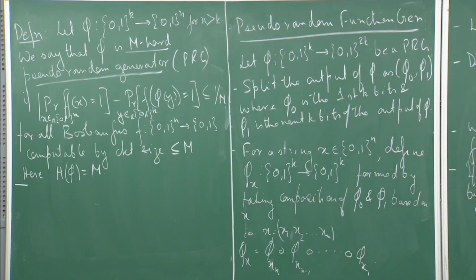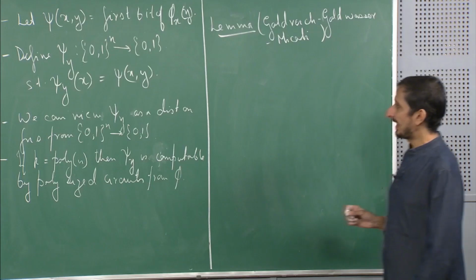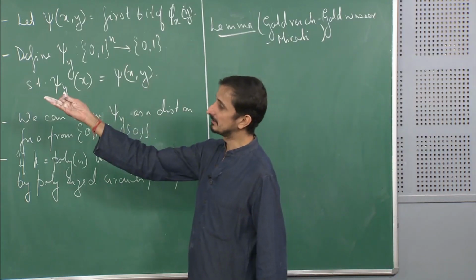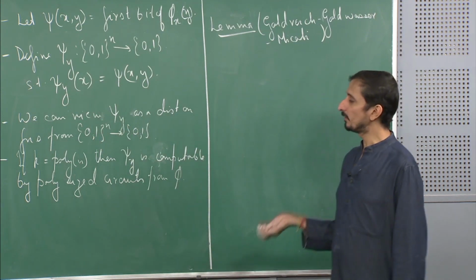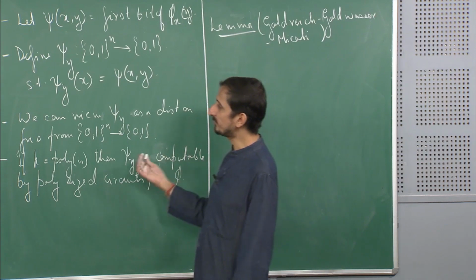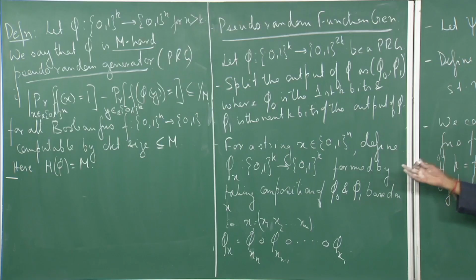Okay. So if one can distinguish between these two functions, and as that is hard, by what we discussed earlier, therefore it implies that it is hard to distinguish between a truly random function and a function that is generated by this distribution. So let me state the result, and it will be clear.